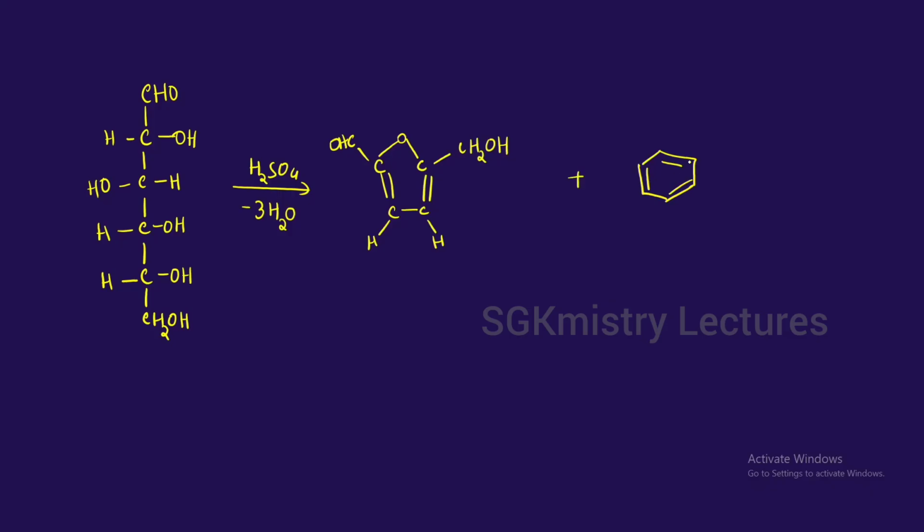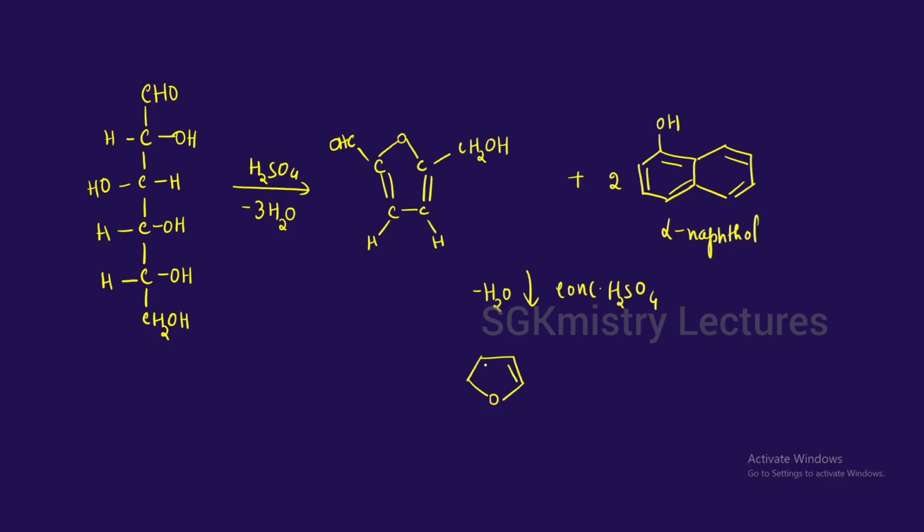So let us write the structure of alpha naphthol. So this is alpha naphthol. There is an OH group. So here there will be an OH group. So now this on reaction with alpha naphthol, again there is a loss of water molecule in the presence of concentrated sulfuric acid. So you're going to get here whatever is present here.